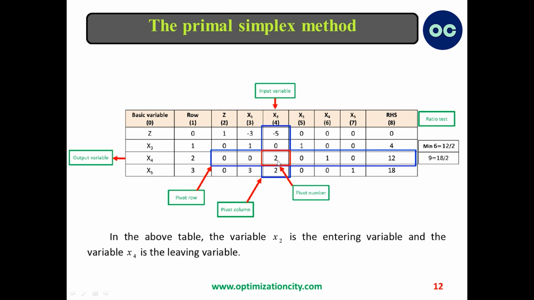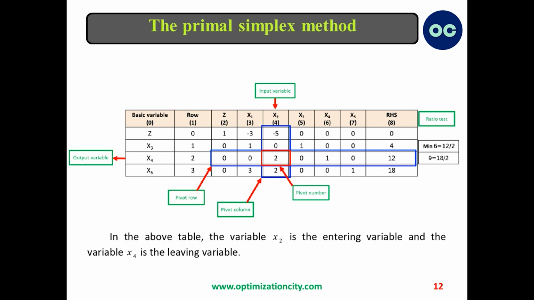Remove the basic variable from the other rows. We need to make the coefficients in the pivot column 0, except for the pivot number. So you should replace -5 by 0 and 2 by 0. In order to do this, we should do the following.